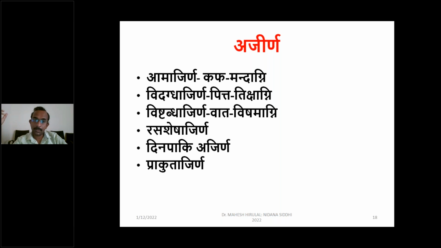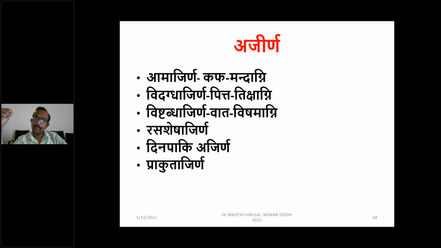Ama Ajirna is due to Kapha and Mandagni, so Mandagni lakshanas will be seen in Ama Ajirna. Pitta leads to Vidagda Ajirna due to Tikshnagni, and Vishtabda Ajirna is due to Vata and Vishamagni.